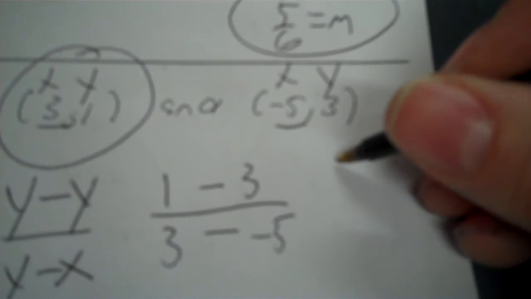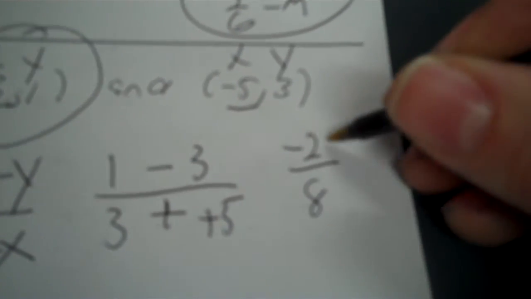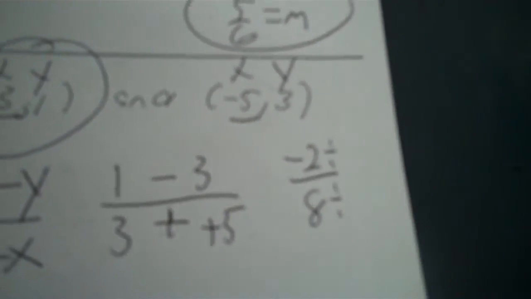So 1 minus 3 is -2, minus -5 would go +5, and that's 8. Now try to reduce it. So here's 2, here's 8, so second row, so I reduce by 2 because it's in the second row. So it'd be -1 over 4 equals m.